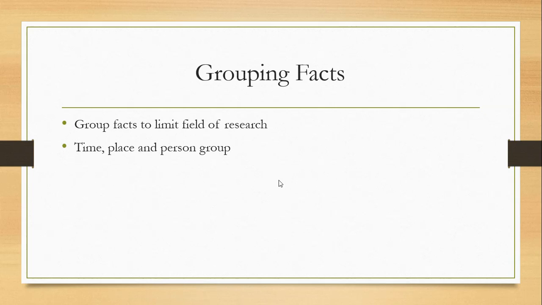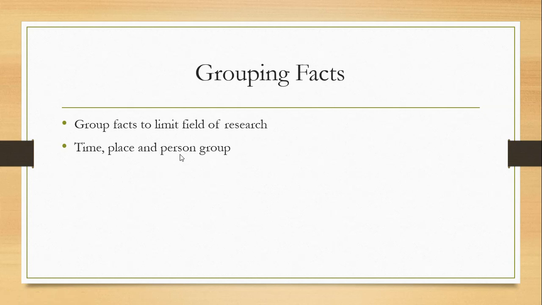So, how do you group facts? You can group the facts according to time period. When you say time, it means ancient, medieval, modern. Or you can group them according to place, geographical. That is Delhi, Deccan, or Karnataka, or Mysore, or Maharashtra, or England and France. So it depends on place. Or you can also group them according to person. For example, maybe you have information about Napoleon or Hitler for your particular research.